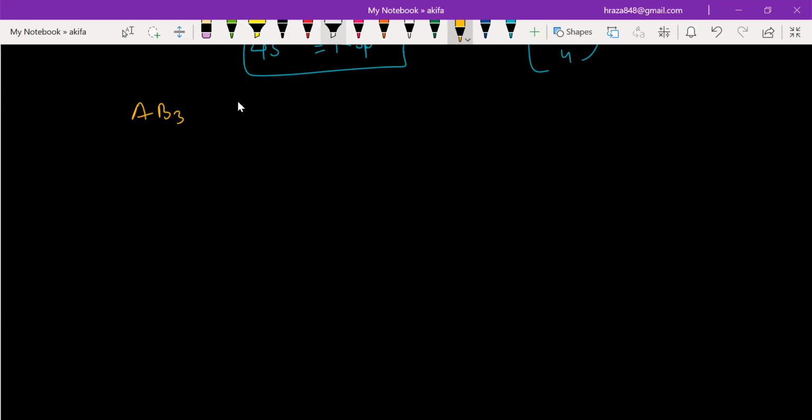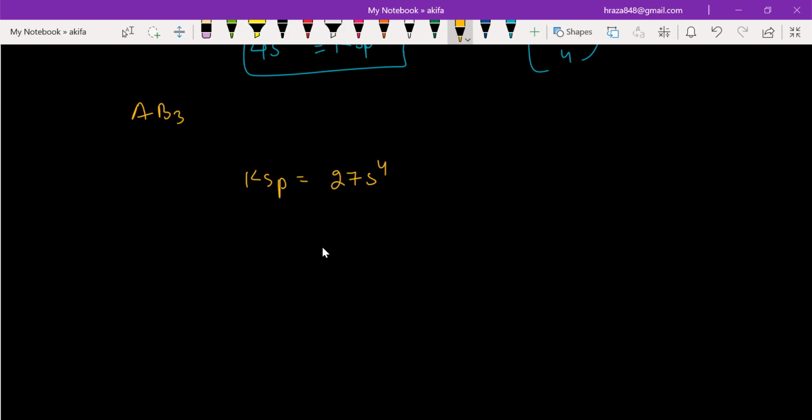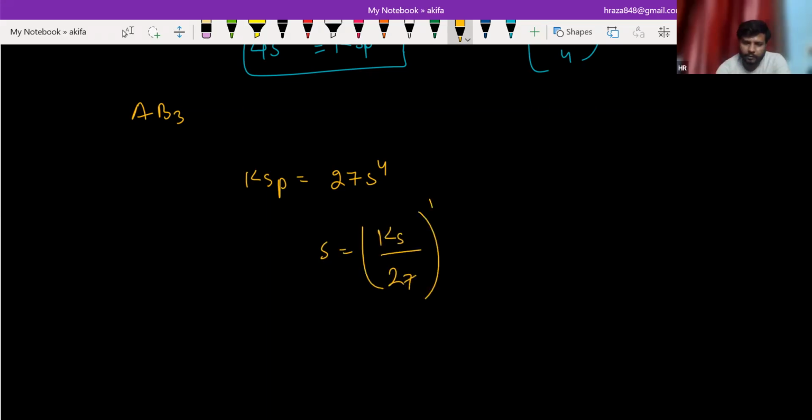S is equal to KSP over 27 raised to the power 1 by 4. What you just said, KSP is basically equal to 27 S raised to the power 4, right? Yes. So S will be equal to KSP over 27. Okay, very good.